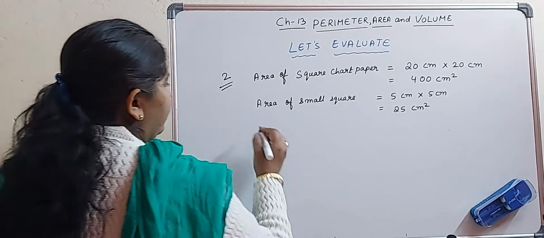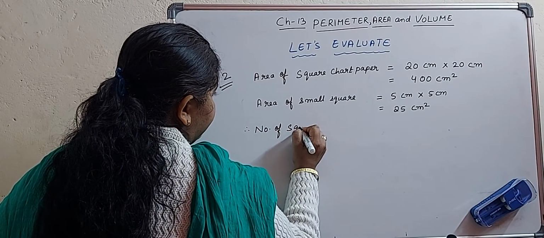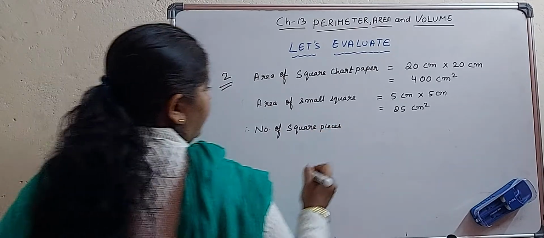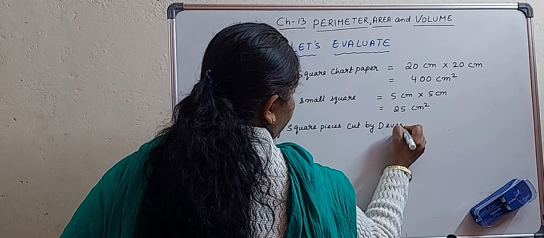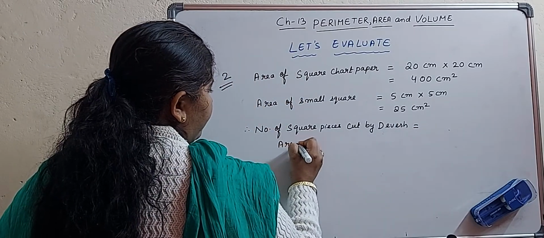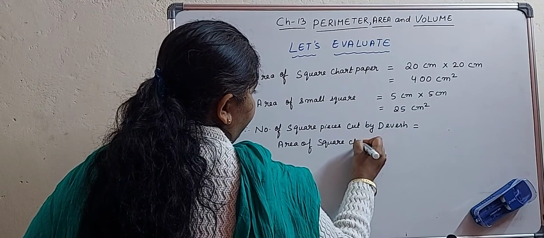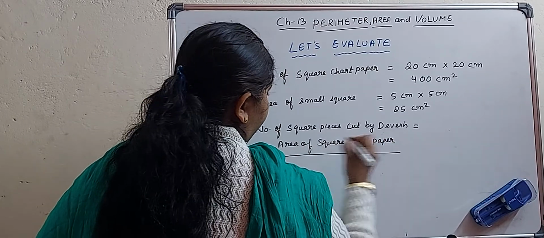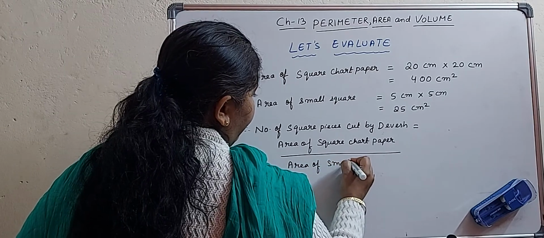So therefore, number of square pieces cut by Devesh equal to area of square chart paper by area of small square.